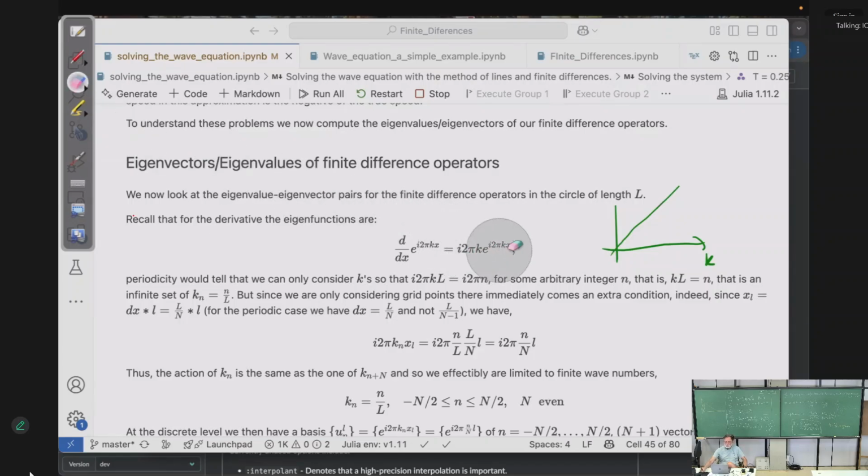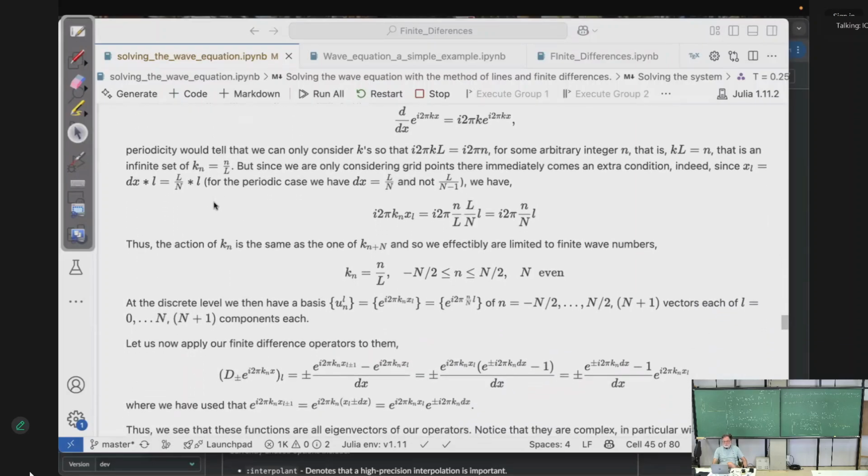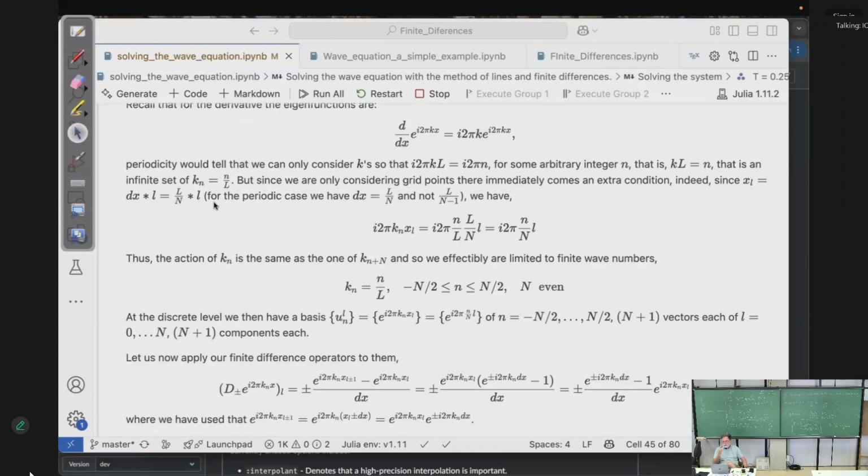Because the dispersion relation is, you divide by k, the constant velocity, when you are solving the system. So these are the eigenvalues, and now you do the same for the grid. In the grid you have two things.